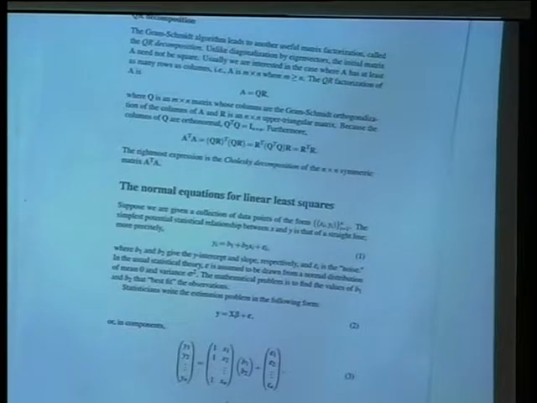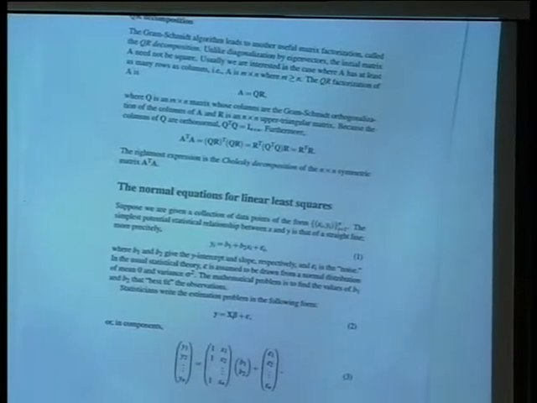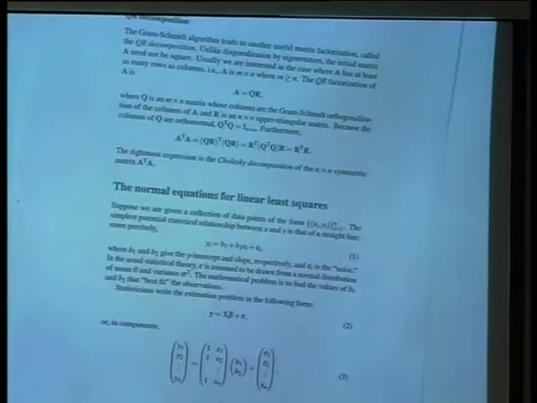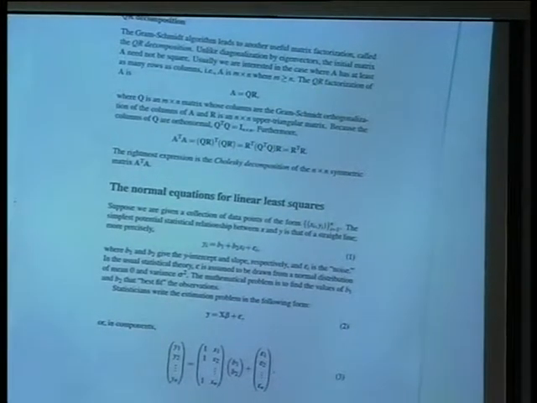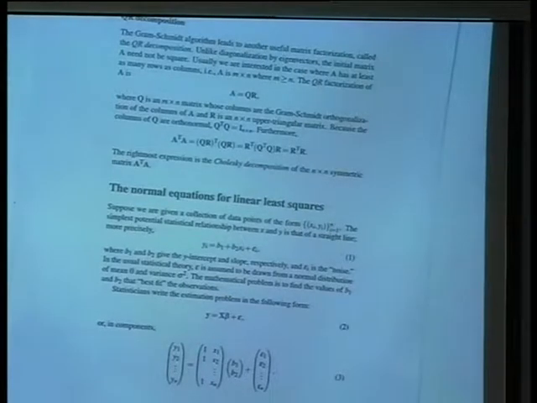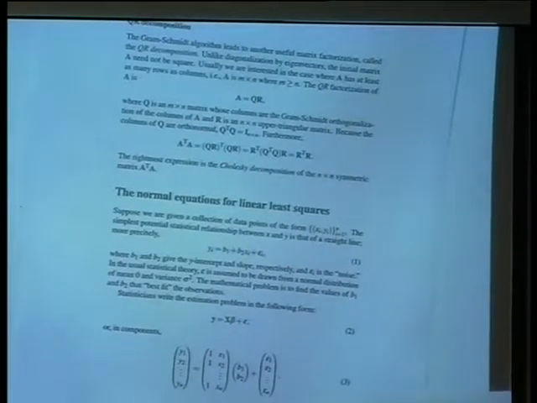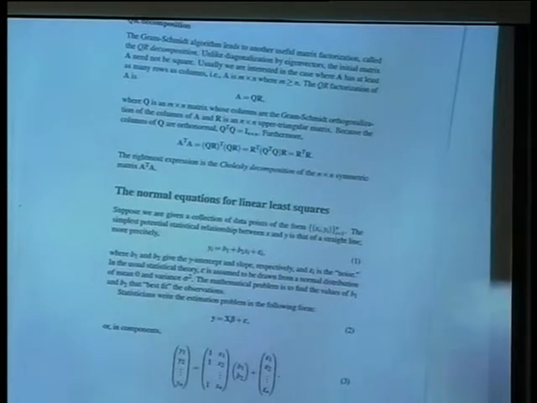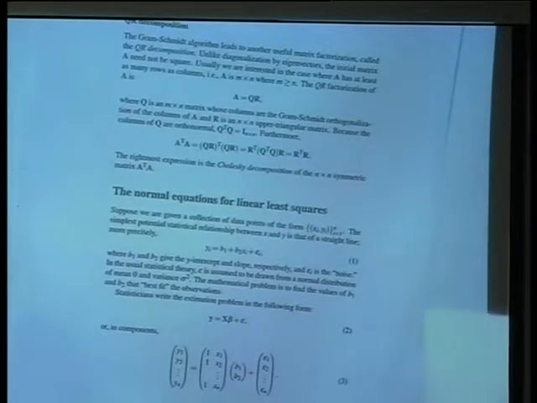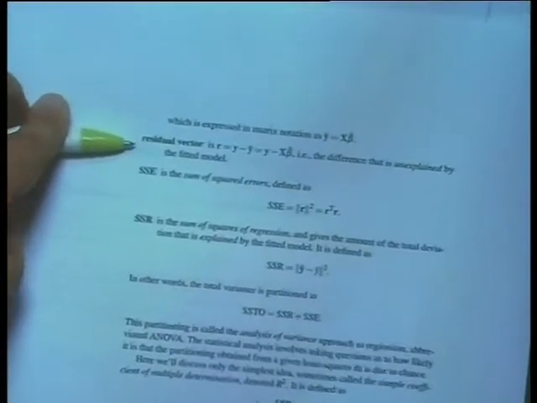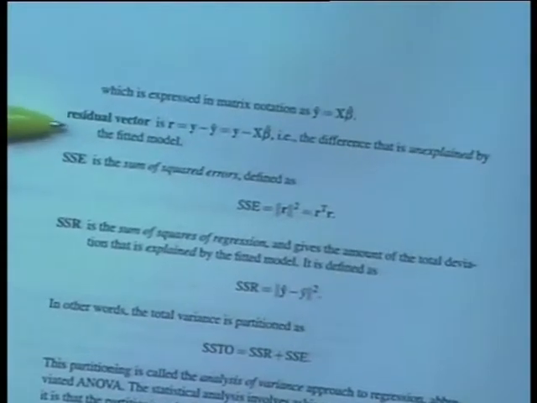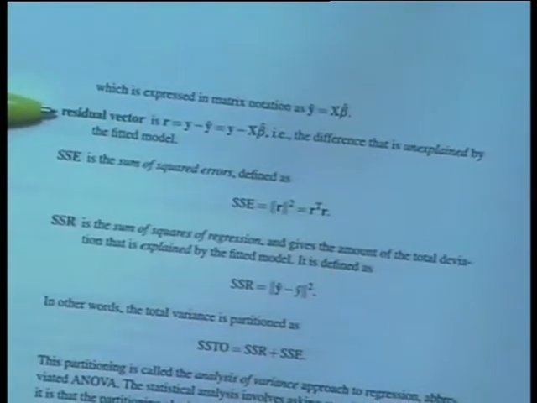So here is the next, so I guess before I go to the solution, since this question came up, right? Okay, sorry, I'm jumping because the question came up. Once you fit your data, you can look at the residual vector, which is r equal to y minus y hat.